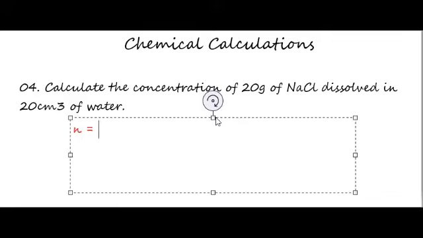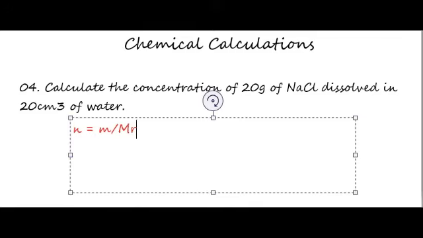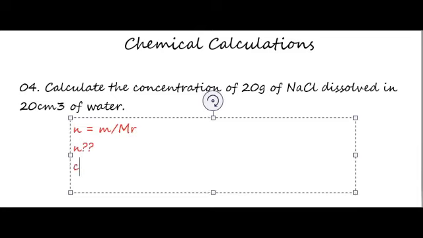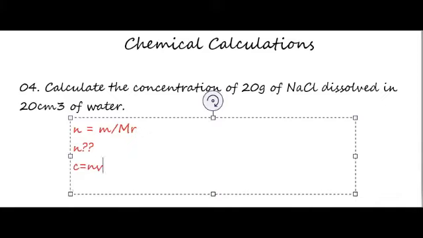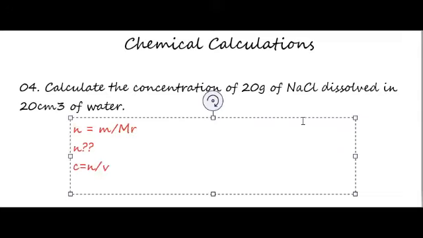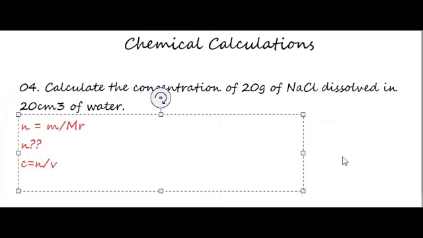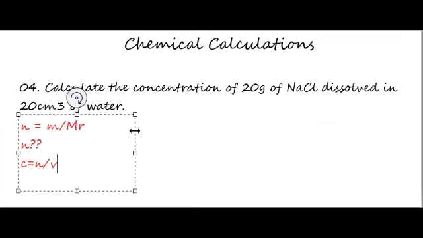Number of moles is equal to M divided by MR. We all know that. So after calculating the number of moles, we are able to calculate the concentration. Concentration is equal to N divided by the volume. There we go. That's the working we are going to do.